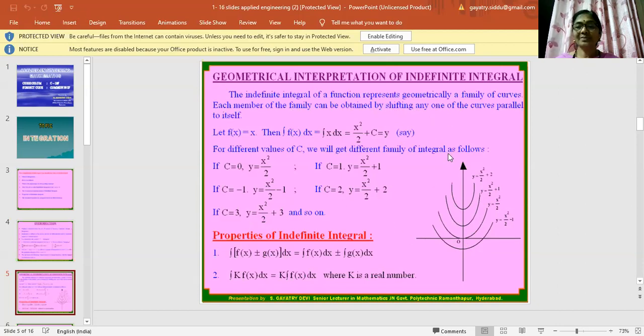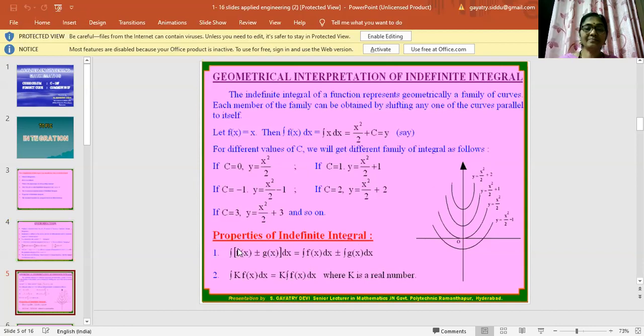So this is the geometrical interpretation of indefinite integral: the indefinite integral of a function represents geometrically a family of curves because of its integrating constant.